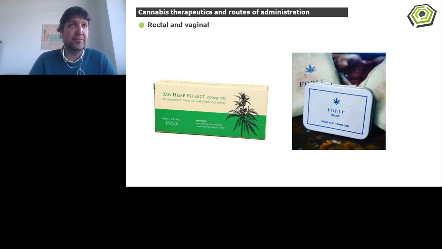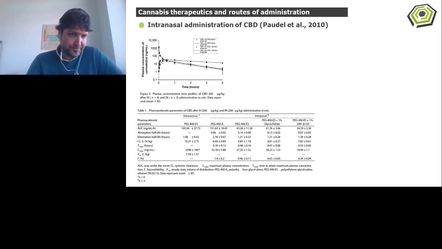So these are some examples from the recreational market that give us an idea of what vaginal ovules or suppositories containing CBD or THC will look like, and there are actually patients looking for this presentation and using them for some of these indications. What about intranasal administration of CBD?